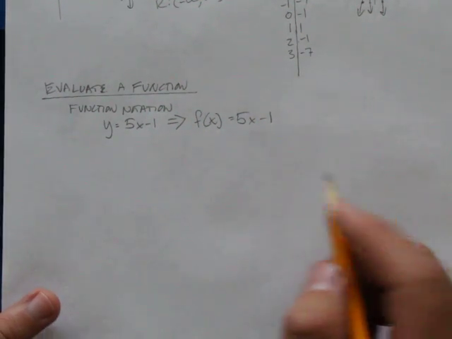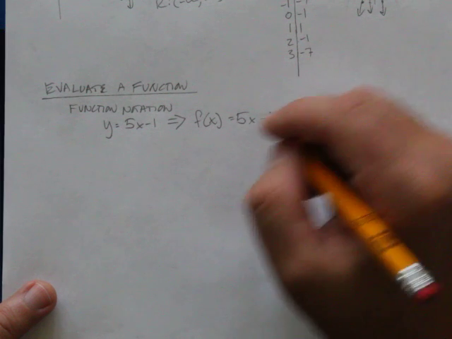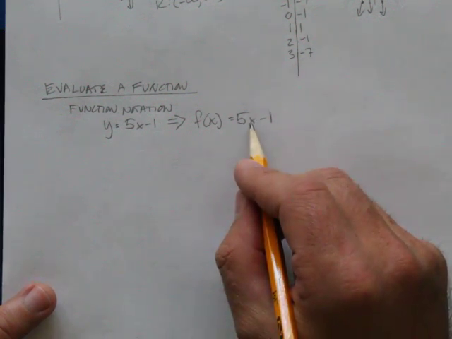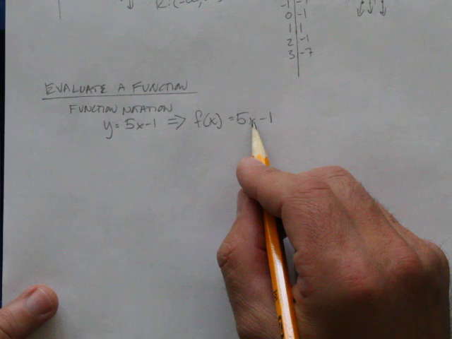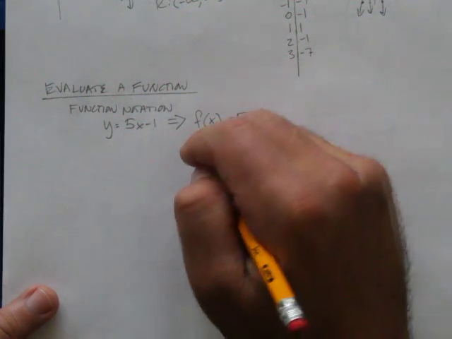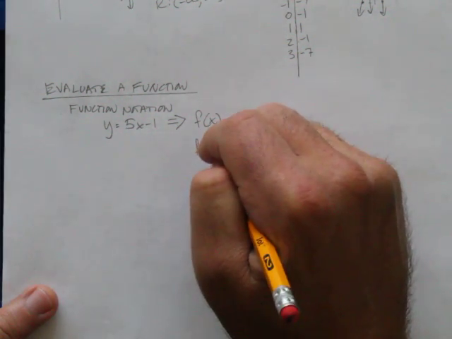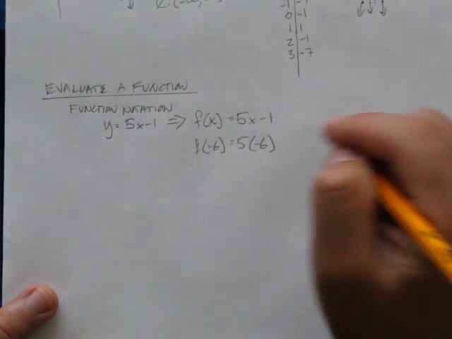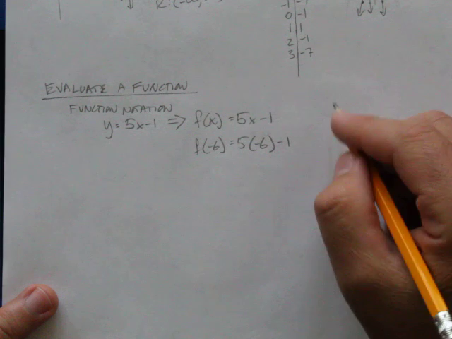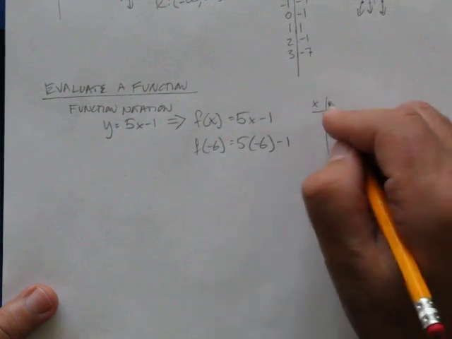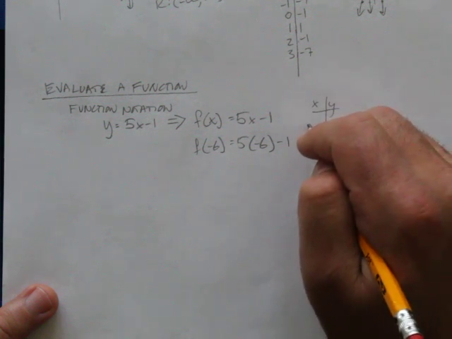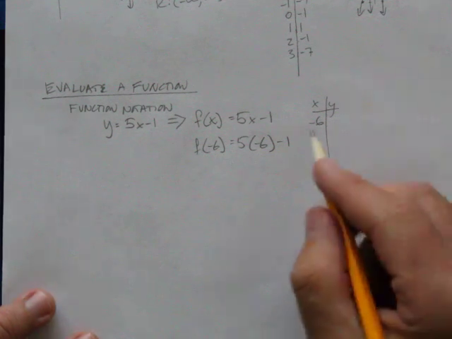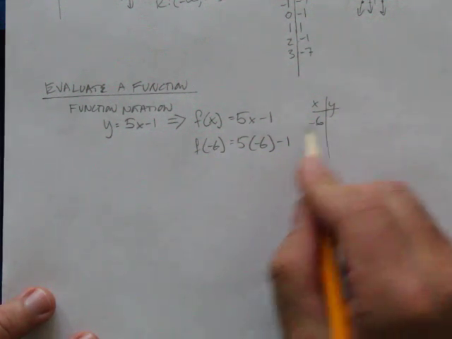No big deal. Now, if I wanted to find out what happens when I plug in negative 6 for x, I say f of negative 6 equals 5 times negative 6 minus 1. If I were to put a t-table over here and say I want to find out what y is when x is negative 6, then this is how I plug in negative 6.